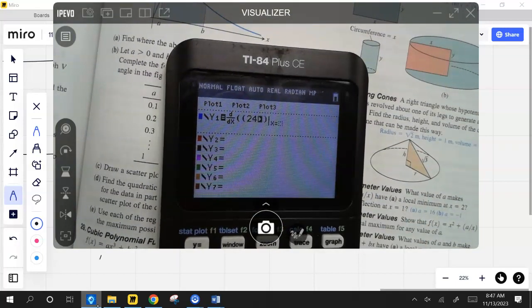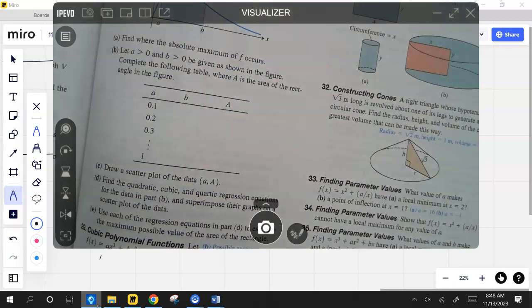So what do we have? 24 minus 2x, 2x, 18 minus 2x, and just have x equals x instead of x equals a number. That lets you find it for every x instead of just one, and then hit graph.